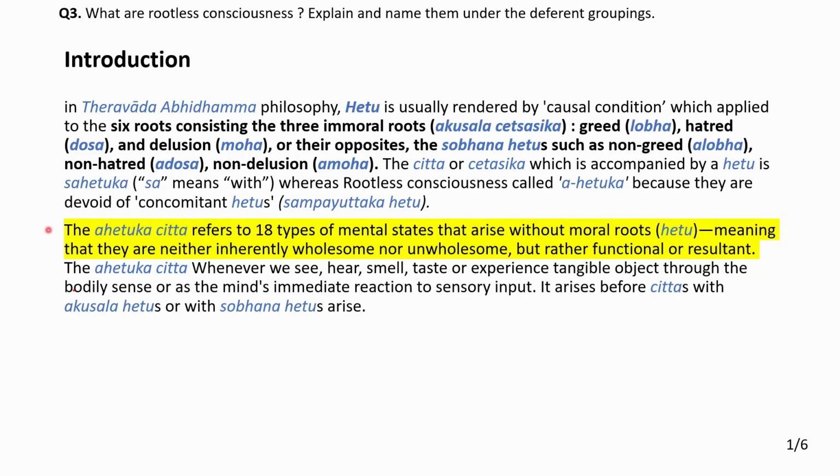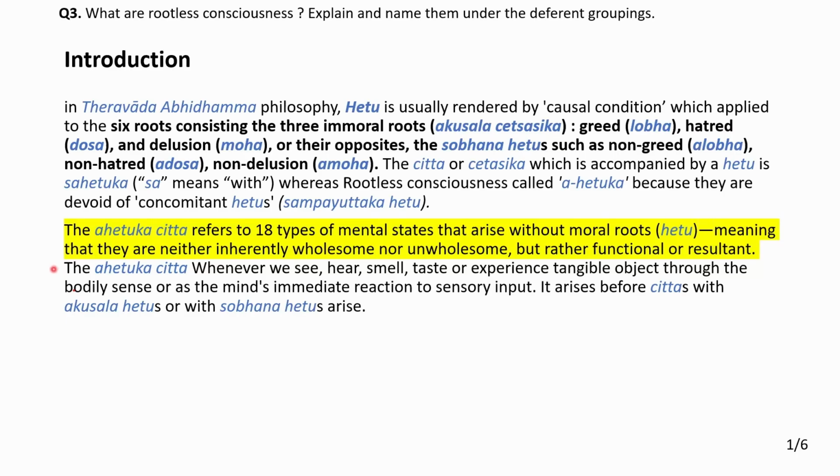The ahetuka citta refers to the 18 types of mental states that arise without moral roots, meaning that they are neither inherently wholesome nor unwholesome, but rather functional or resultant.